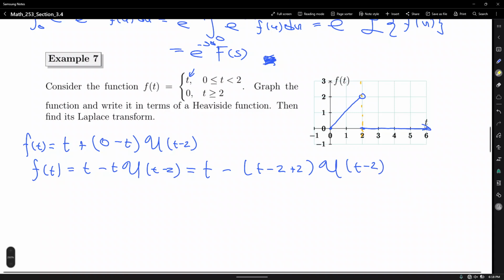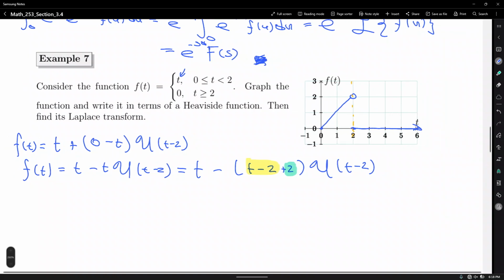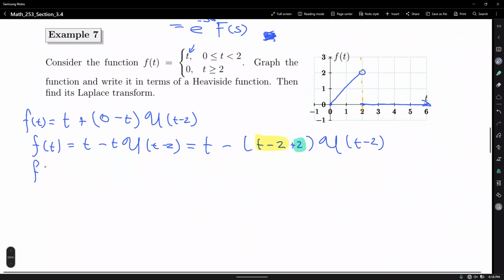Okay, let's group these two. That's actually going to coincide with the t minus 2, and the other one is just going to be a constant multiplying the u of t minus 2. All right. So watch out with that one. Careful, right? So f of t equals, well, this t we don't need to translate, careful, because that t is just a loner term.